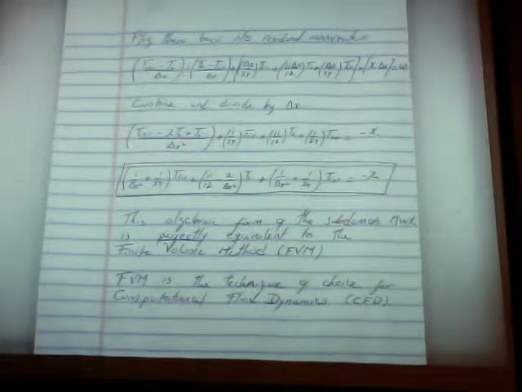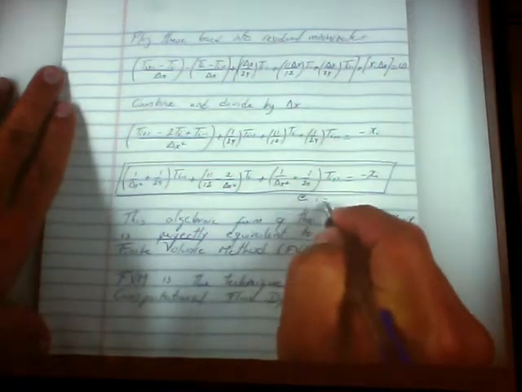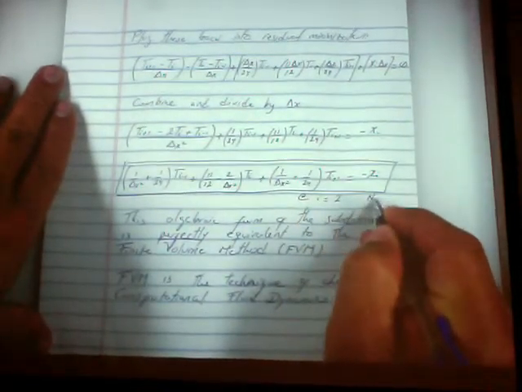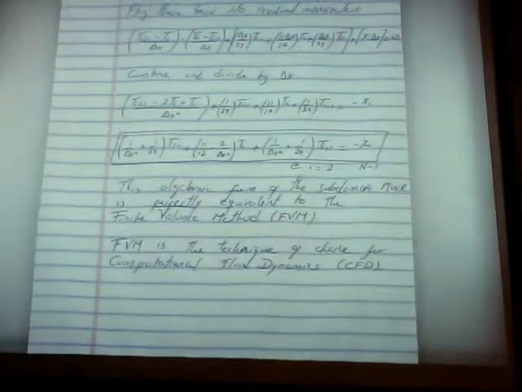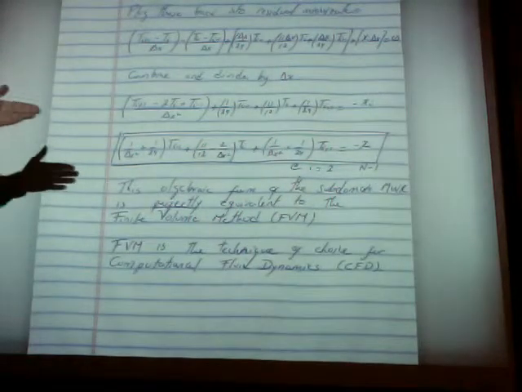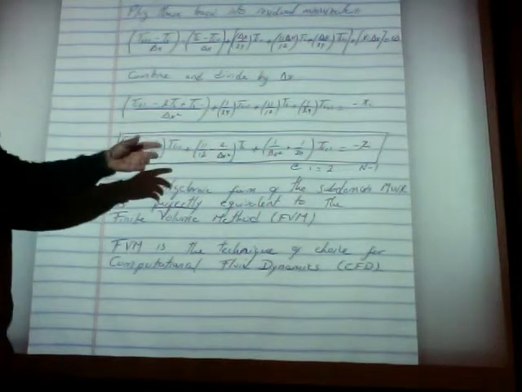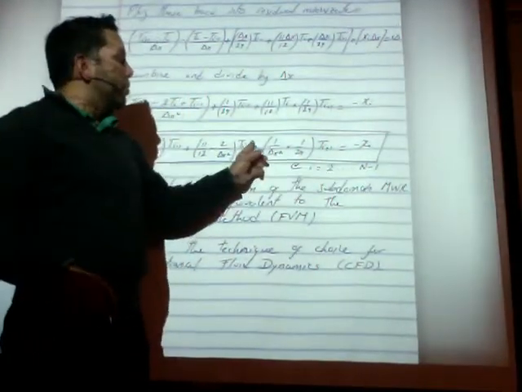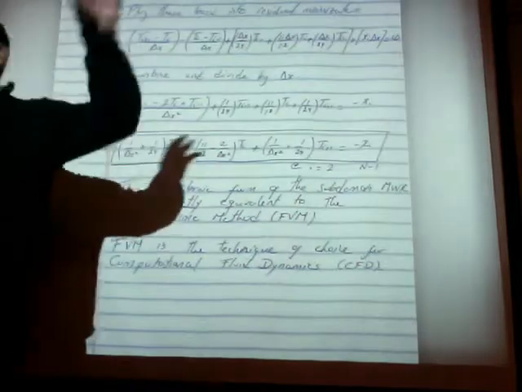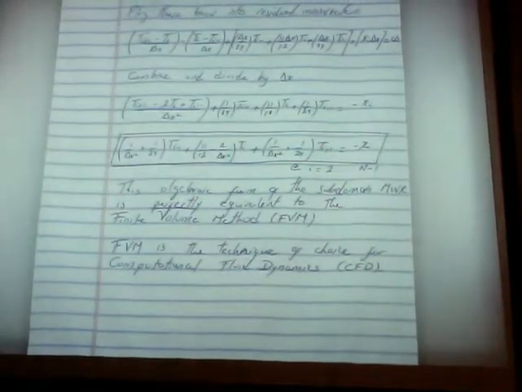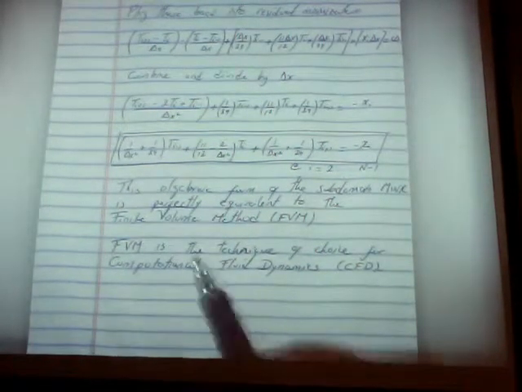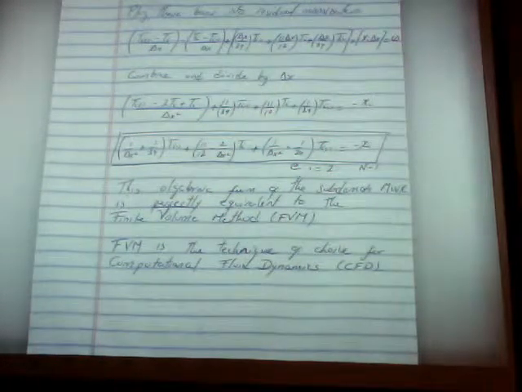So this is valid in this range. We cannot apply it at I equal 1. Why not? Because this will point to T0, which doesn't exist. We cannot apply it at I equal n, because this will point to Tn plus 1, which doesn't exist. This is outside the domain. So this only generates n minus 2 equations, and we have n temperatures to worry about. The other two we get from the boundary conditions.